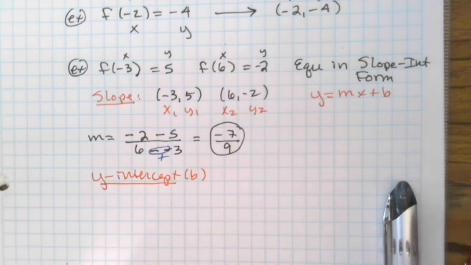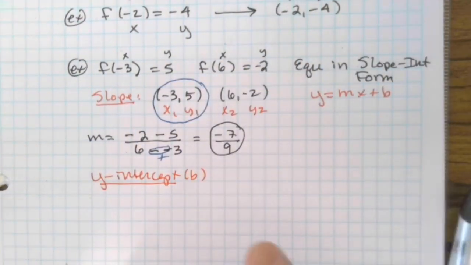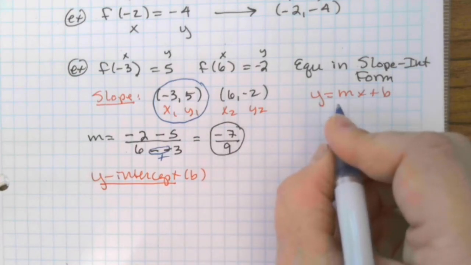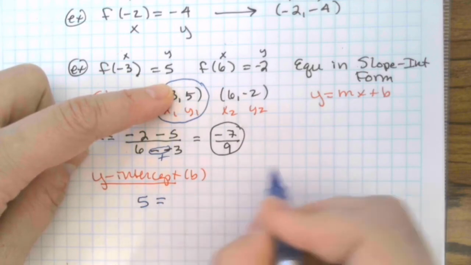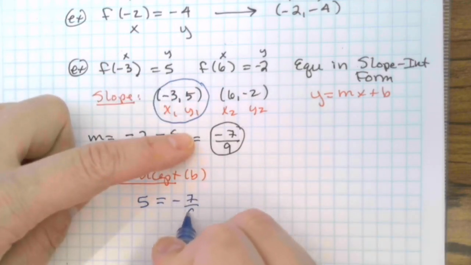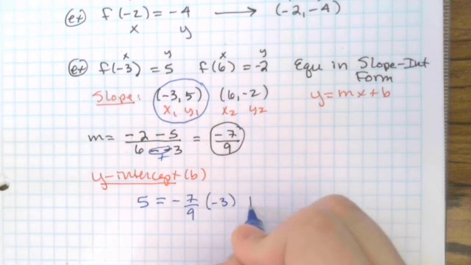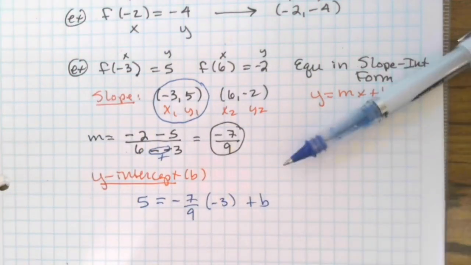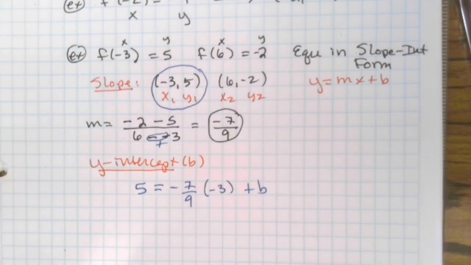So I'm going to pick a temporary point. I'll just pick this one, and my slope, and I'm going to substitute it into the equation. So my temporary y is 5 equals my slope, which is negative 7/9, times my temporary x, which is negative 3, plus b. I substituted it in. Now we solve for b.